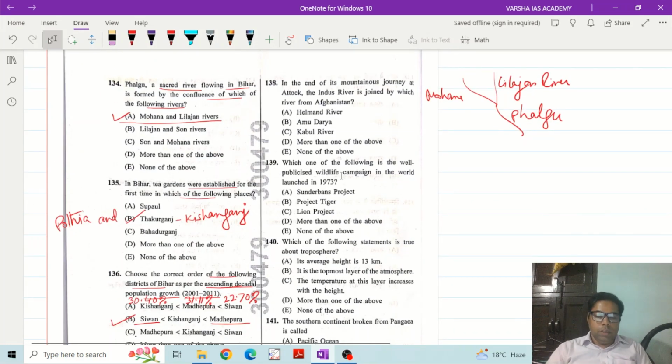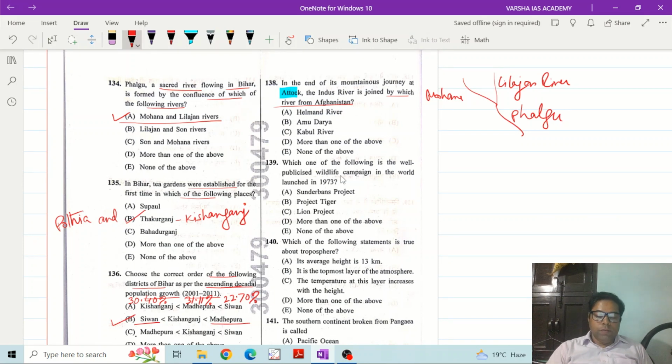Question number 138. At the end of the mountainous journey at Attock, the Indus River is joined by which river from Afghanistan, right? Now Attock is a place in the Hindu Kush hills where rivers leave the mountains and flow into the Indus plain, or that is a part of the Indus basin.